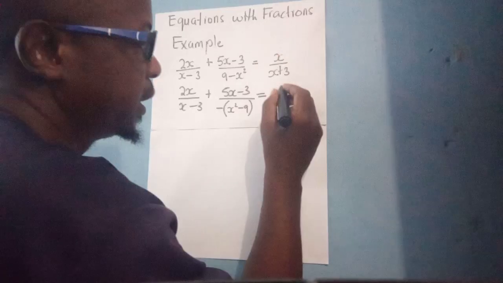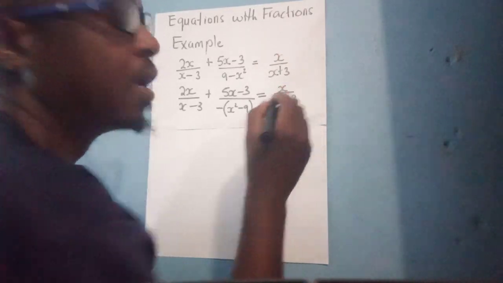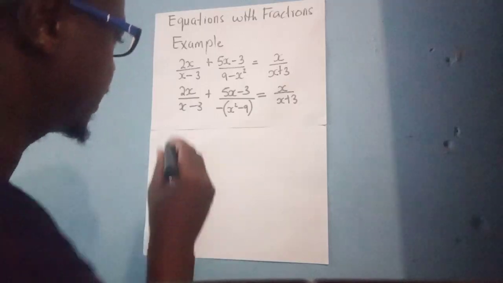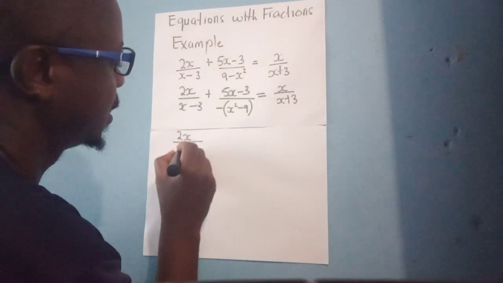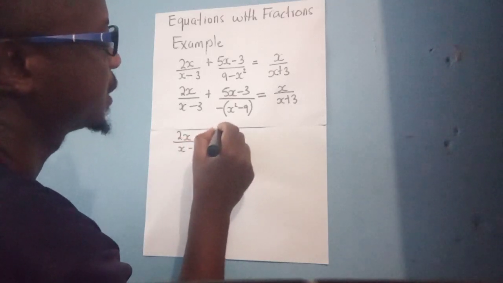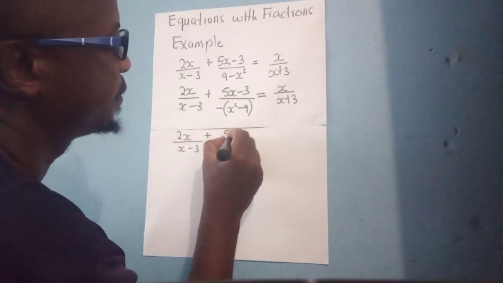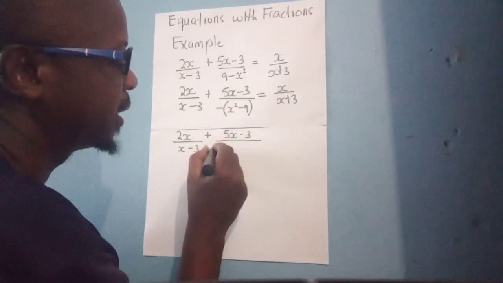Equals x plus 3. Okay, next step, 2x over x minus 3 plus 5x minus 3. Write down my negative.